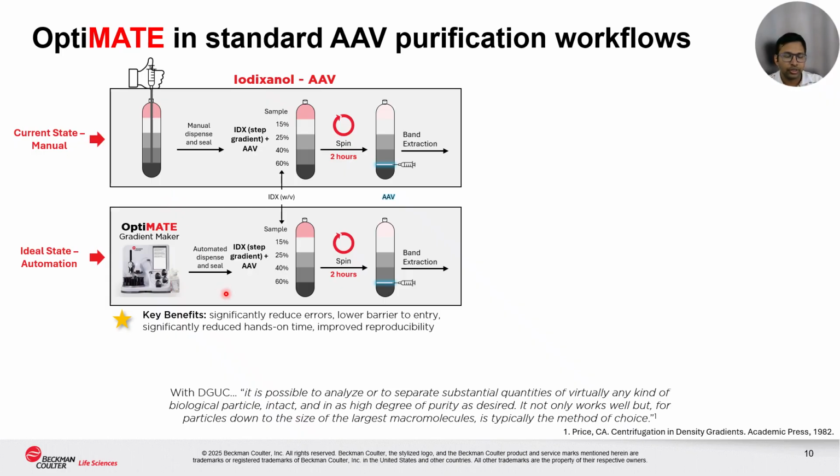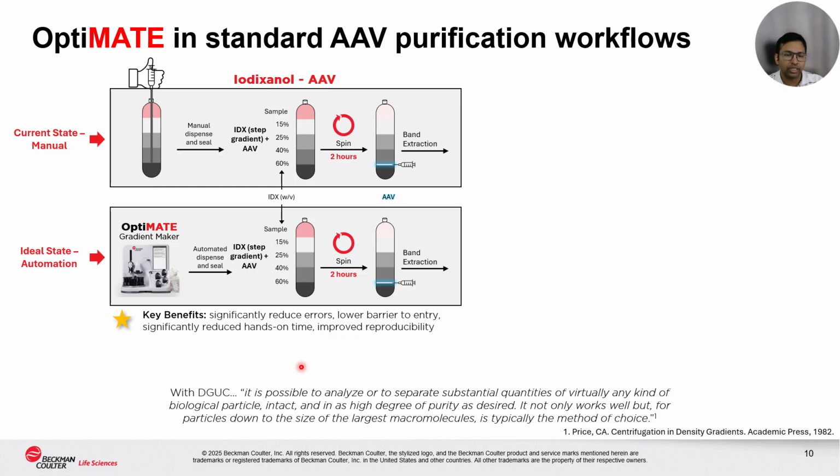So with the OptiMATE Gradient Maker, there is precision and accuracy that's brought to this workflow, and so it will dispense this in automated fashion, include the sample inside, and then seal the tube if you're using a quick seal tube here. The ultracentrifugation and the rest of the process proceeds the same way.